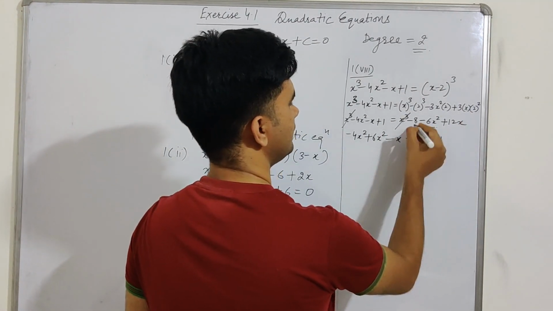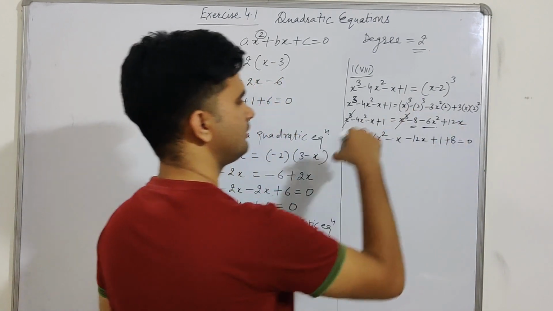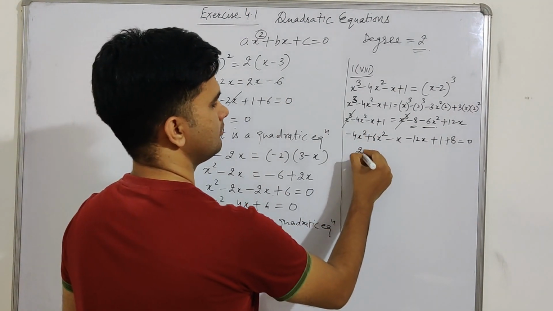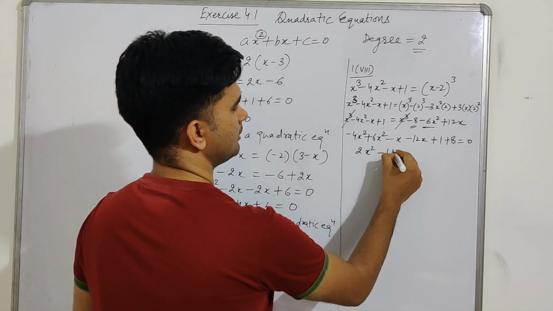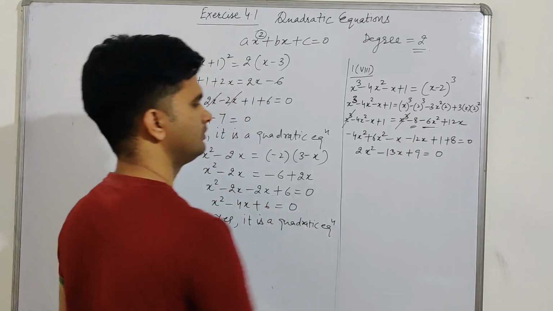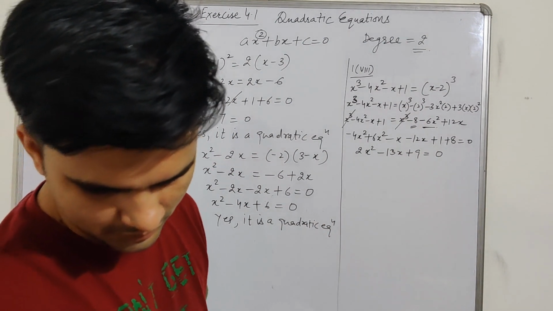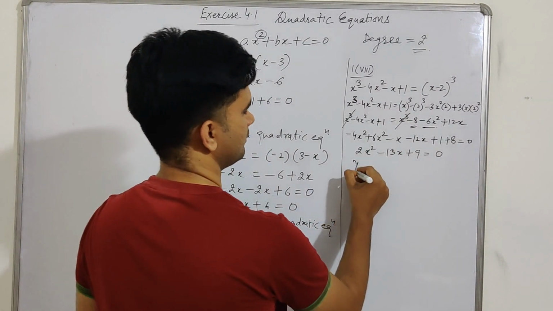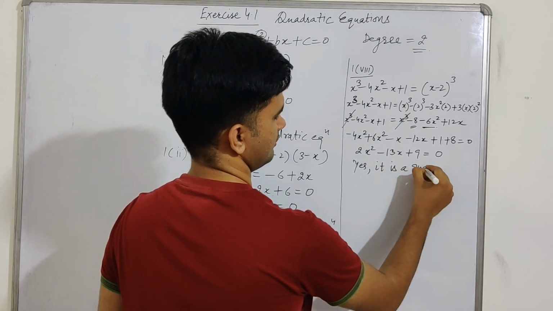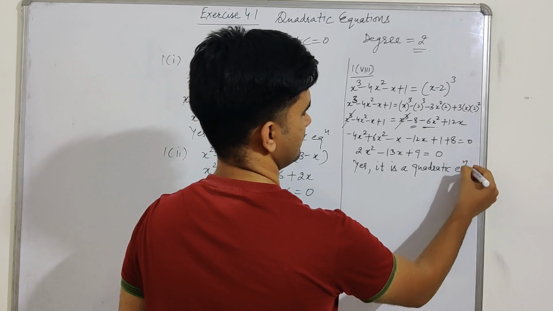Then plus 1, and this negative 8 on the left-hand side will become positive. So 6 minus 4, 2x² − 13x + 9 = 0. Is it quadratic? Yes, it is a quadratic equation.